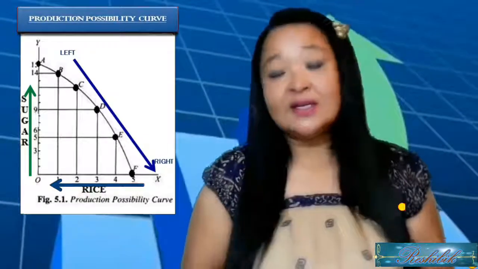That's why the curve always slopes downward. The PPC, that is the production possibility curve, always slopes downwards from left to right. So this entire concept that we discussed right now together is the production possibility curve.